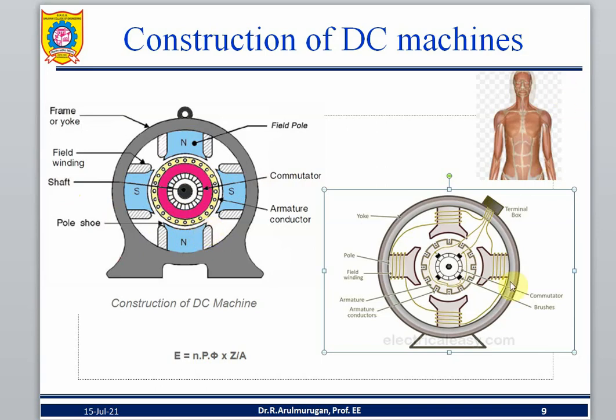Our leg is straight, but if the foot were at the same level as the leg, walking would be a little difficult. See how the engineer developed the human body. This is a human leg, left leg, right leg.